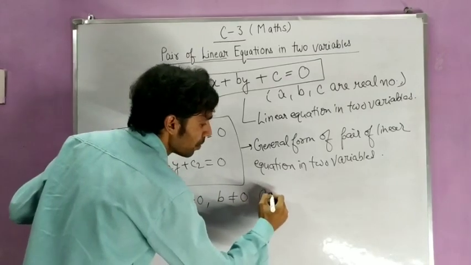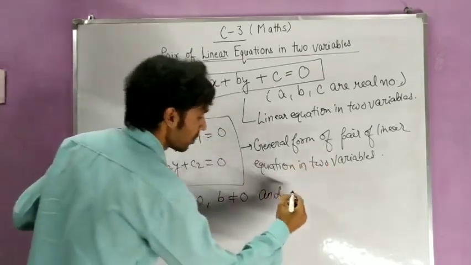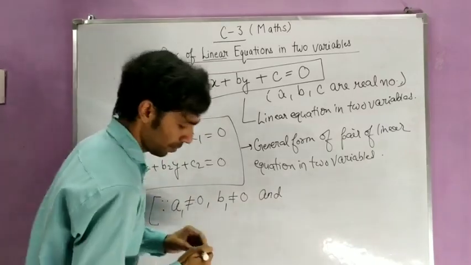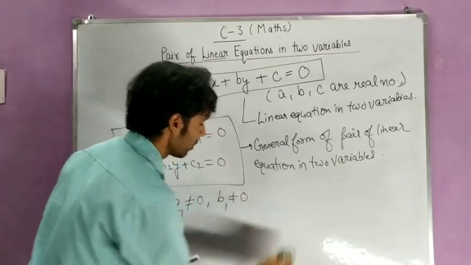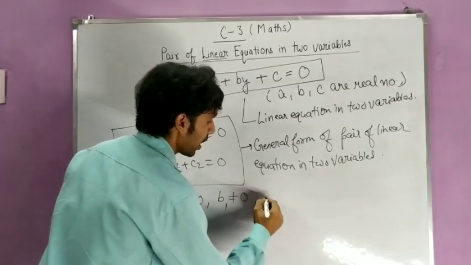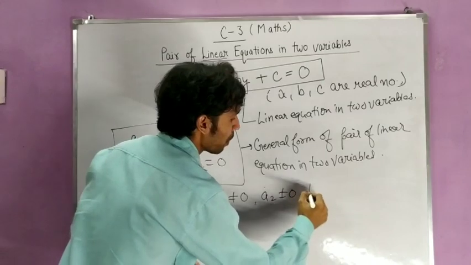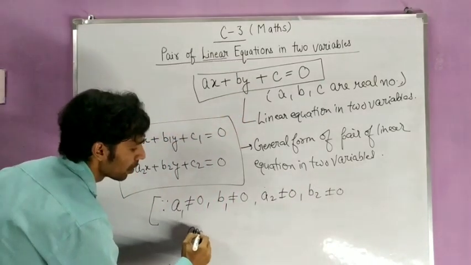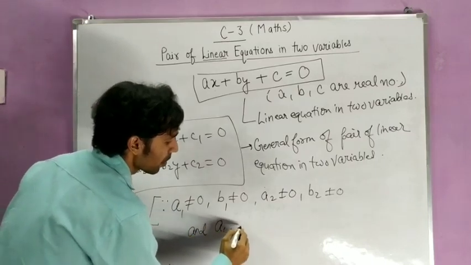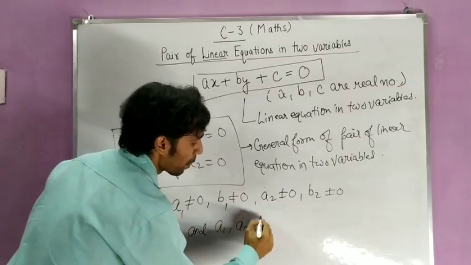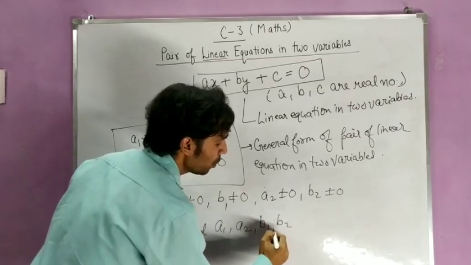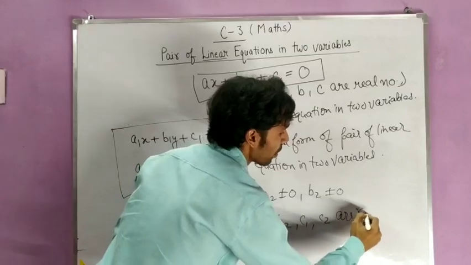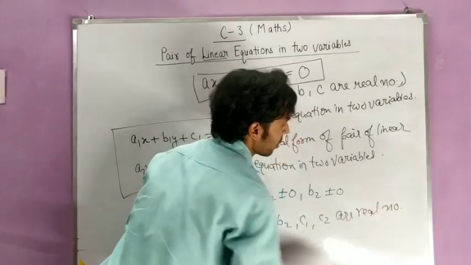Sorry, a1, b1, a2 cannot be 0, b2 cannot be 0, and a1, a2, b1, b2, c1, c2 are real numbers.